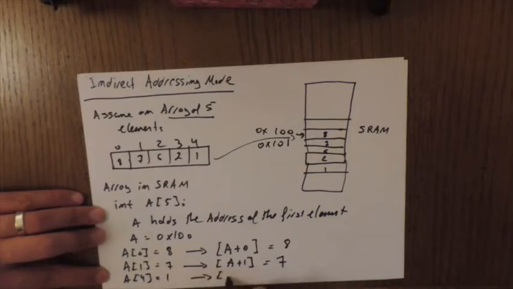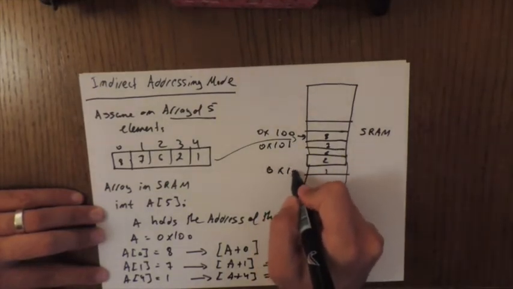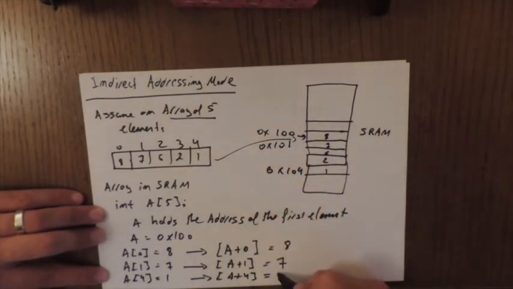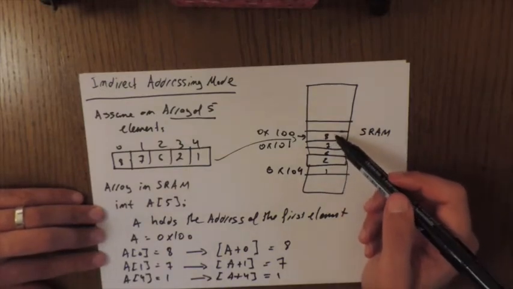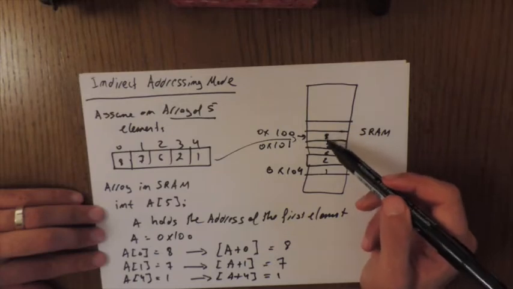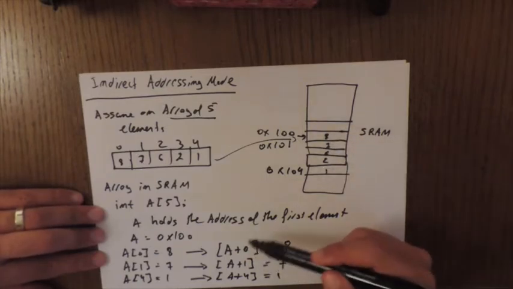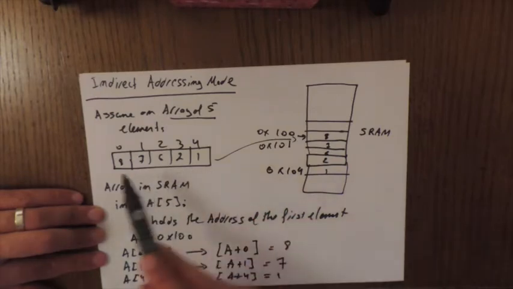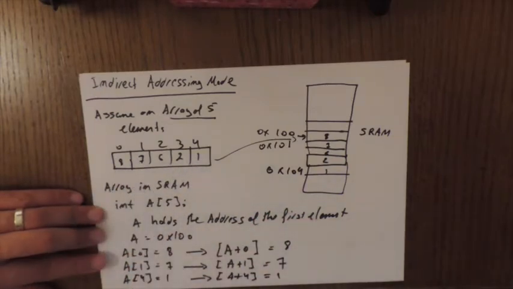This means A plus 4 is equal to 1. So this is 0x104. It has 1. So it will be nice if we have a way to access these values in SRAM in a similar manner, where we can control an index going through each of these values.